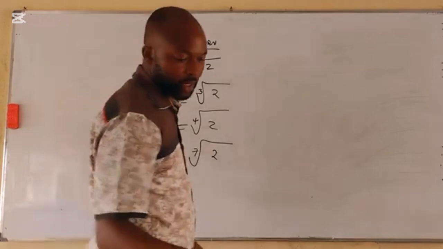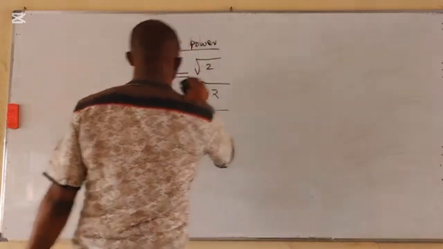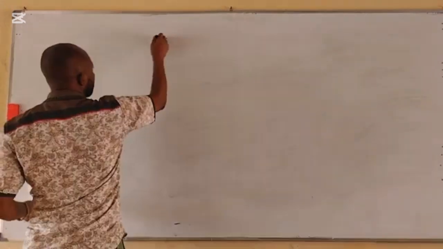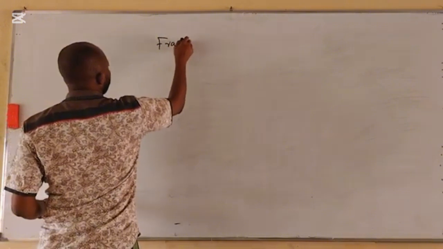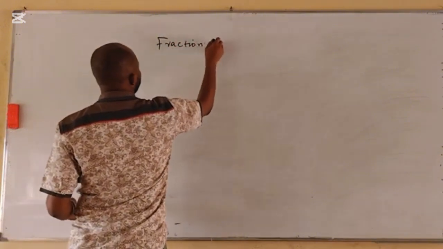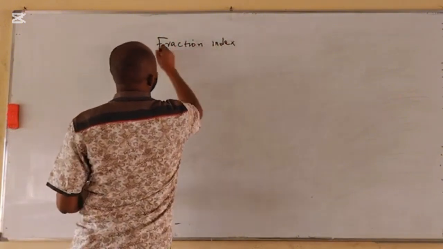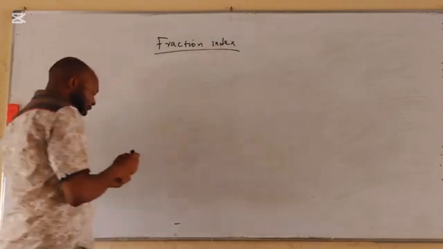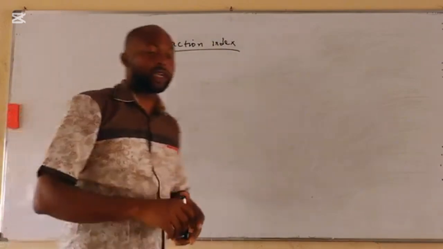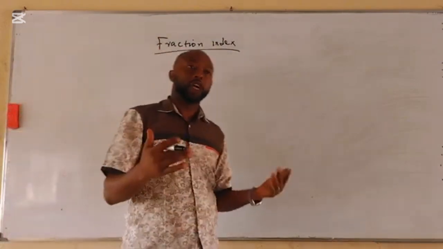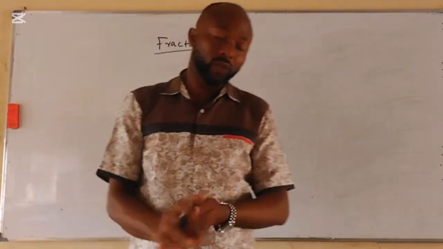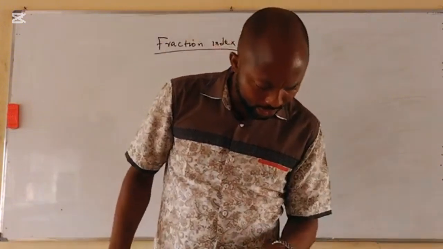Fraction index. Let's go there. It shows you the nth root of numbers, which may not necessarily be 1 over 2. So let's take examples.